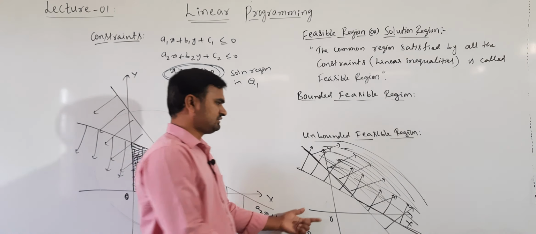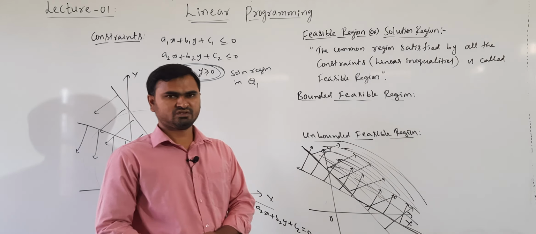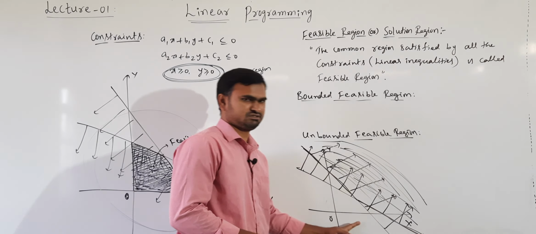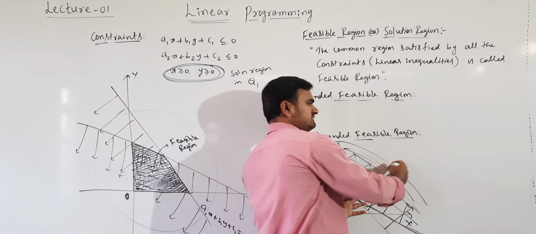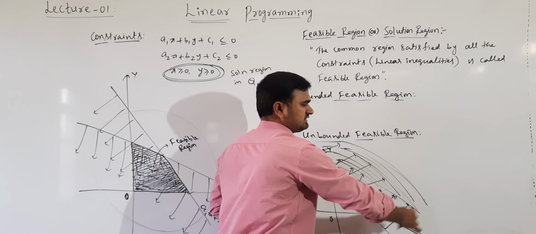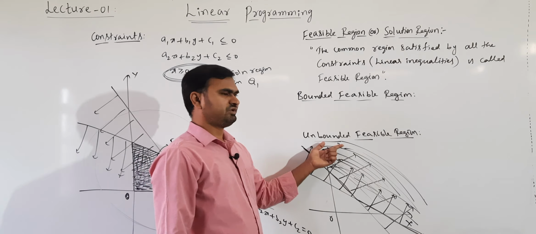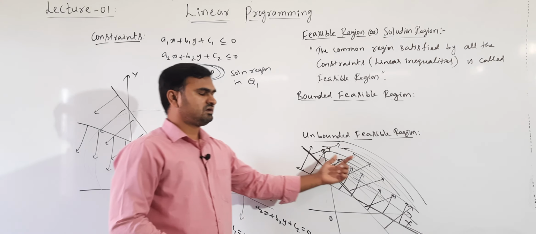Now, is it possible to enclose this feasible region within a circle? Not possible, because this will extend up to infinity. So we cannot enclose all this region in the form of a closed shape. That's why it is an unbounded feasible region. So in feasible region we have two types, bounded and unbounded.